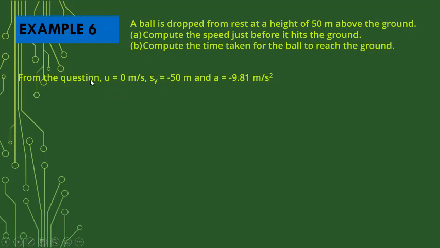From the question, we are given the initial velocity to be 0 meter per second since the ball is dropped from rest. We are also given the vertical displacement to be negative 50 meters and the gravitational acceleration is negative 9.81 meter per second square.